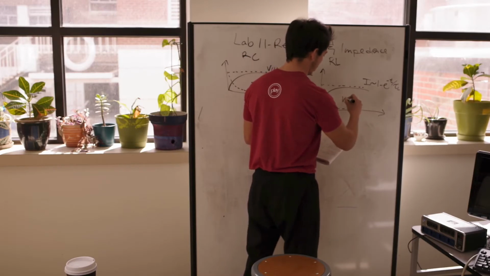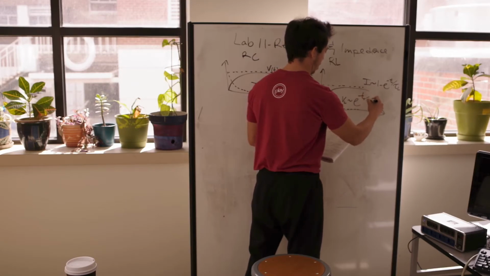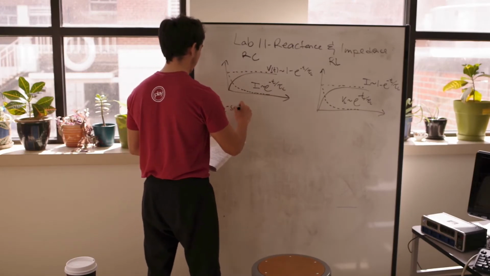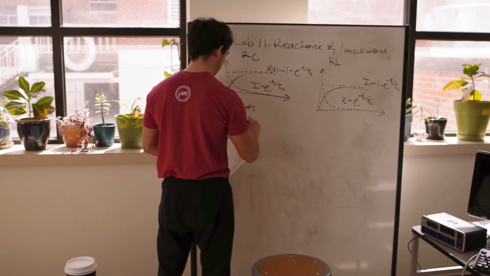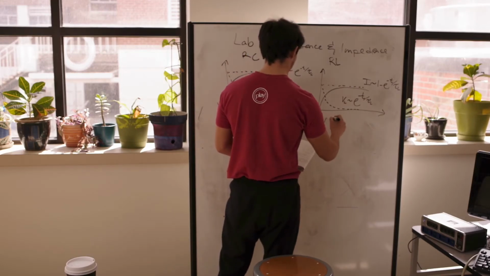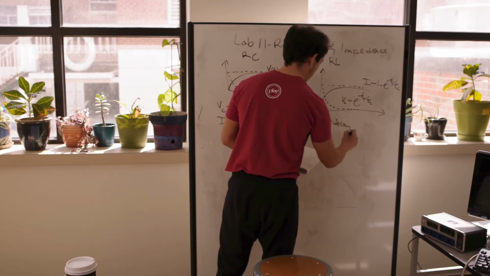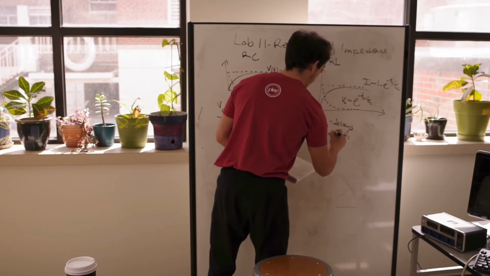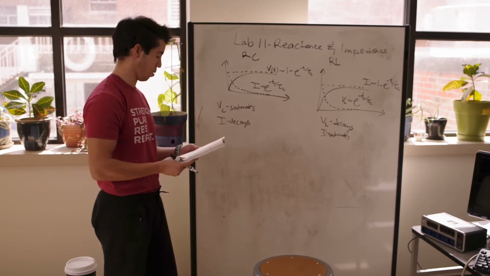And it was the voltage across the inductor, VL, that actually decays over time, so e to the negative t over tau L. So for the capacitor, Vc saturates and I decays as time evolves. And for the RL circuit, VL decays and I saturates. This more clearly illustrates the complementary behavior of these components.